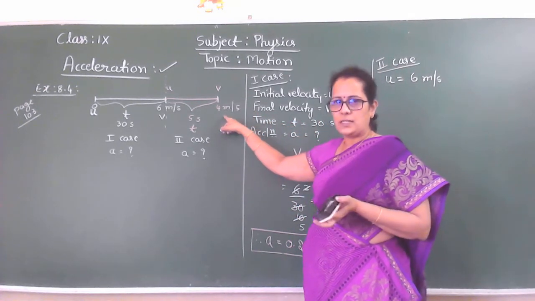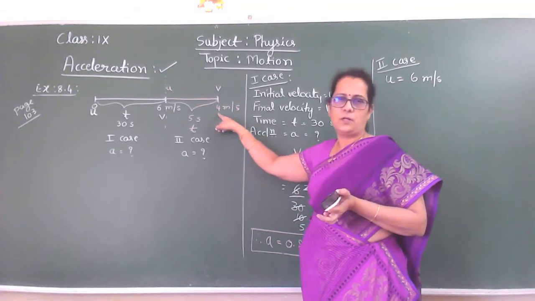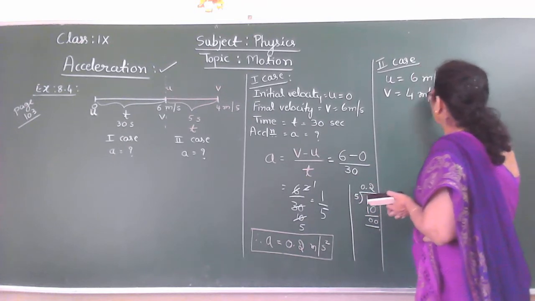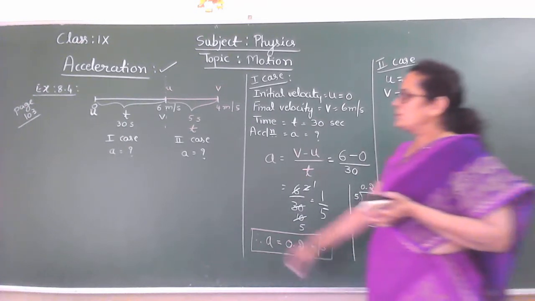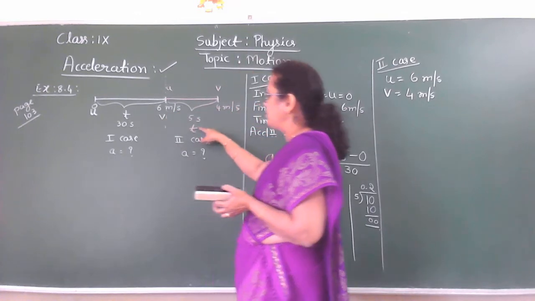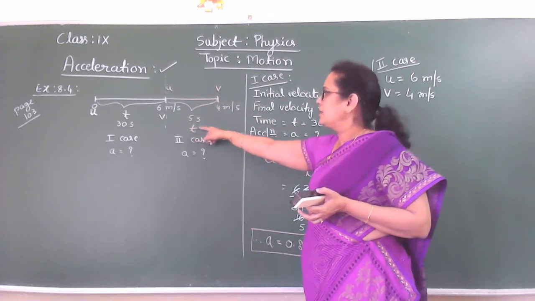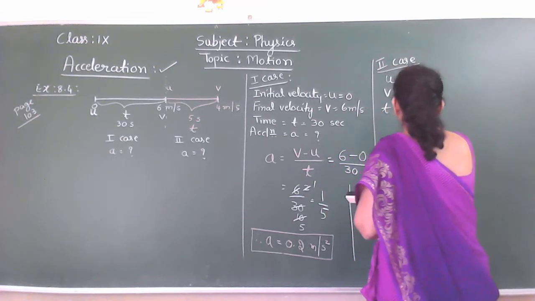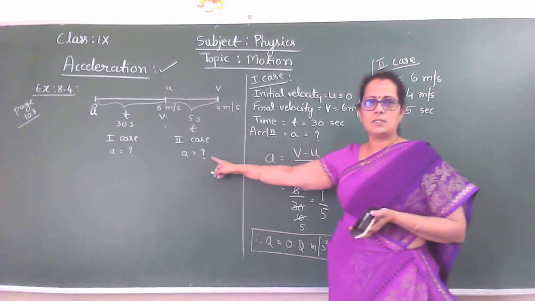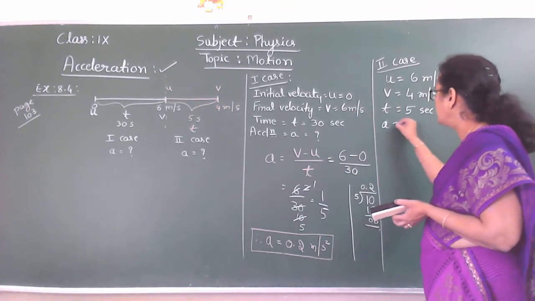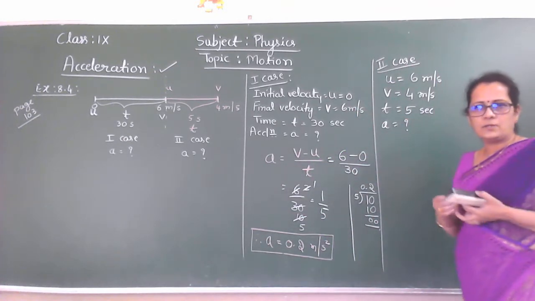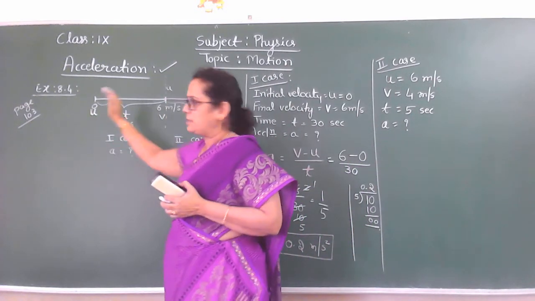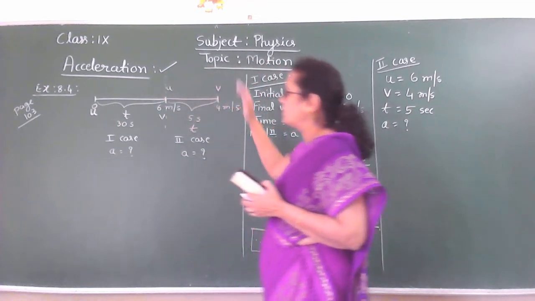It comes down to 4 meter per second, so v is equal to 4 meter per second. To travel from here to here, the time taken is 5 seconds, so t is equal to 5 seconds. Again the question is, what is acceleration? The first case calculation is up to here, and the second case starts from here.